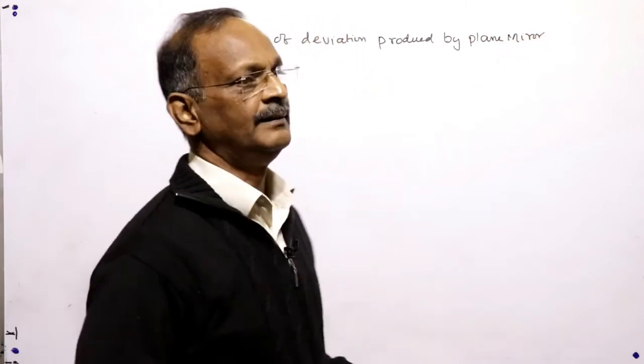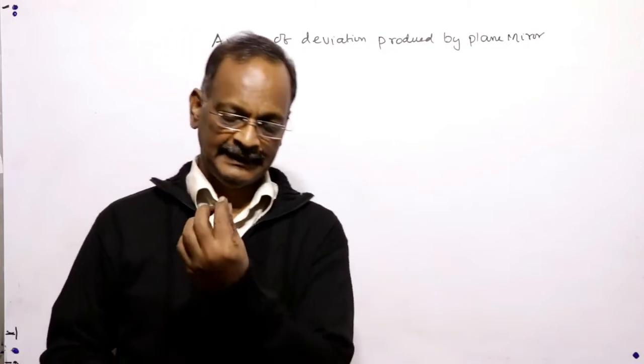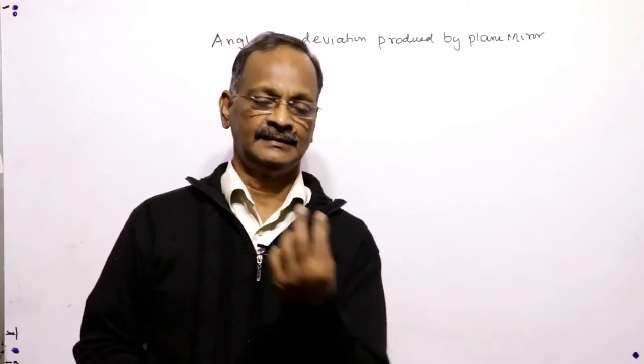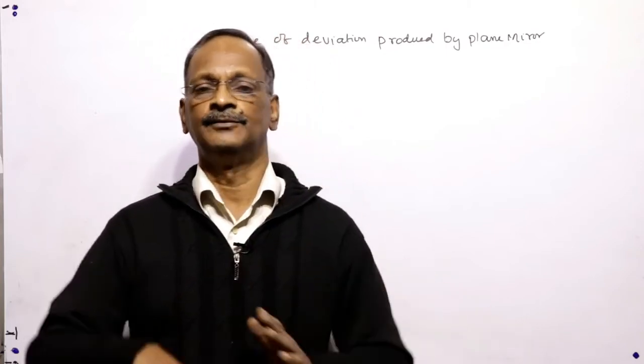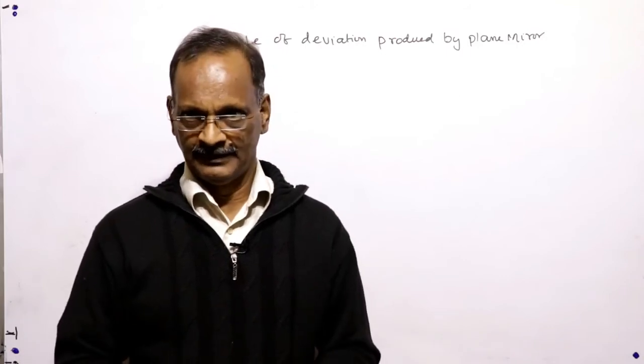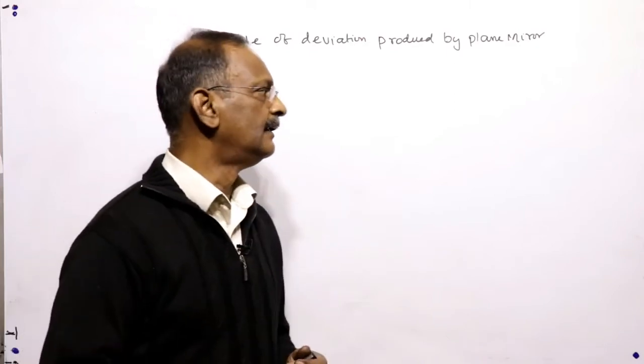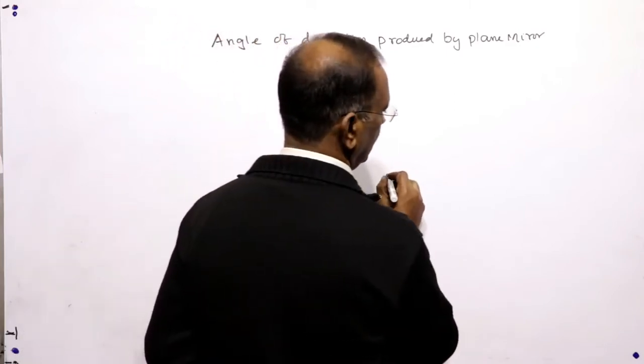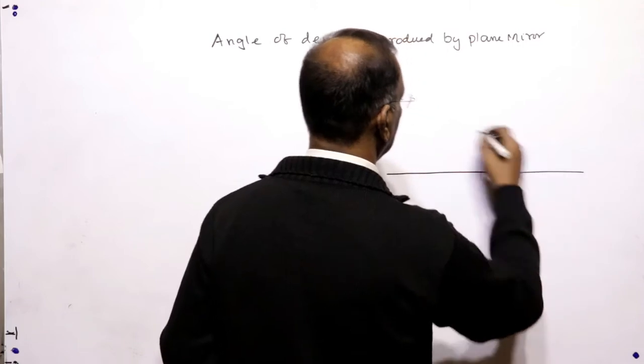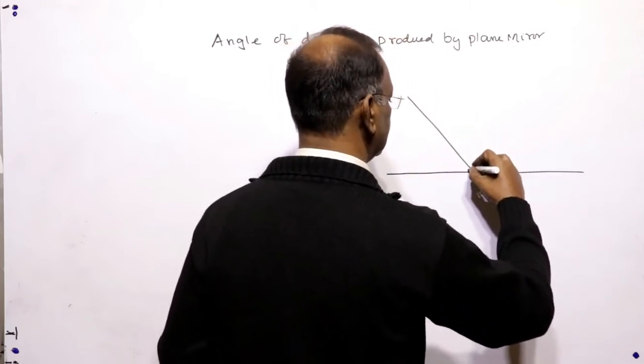What is the angle of deviation? The angle between the direction of the initial ray, that is the incident ray, and the reflected ray, we call it the angle of deviation. This is a plane mirror, and a ray is incident here like this.